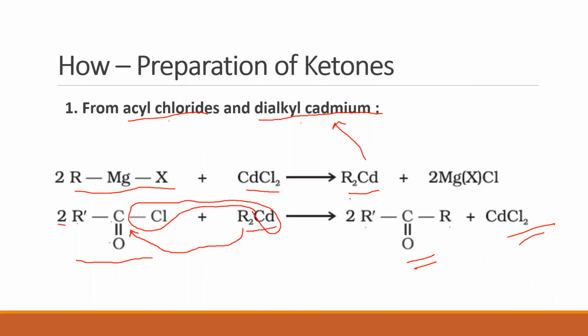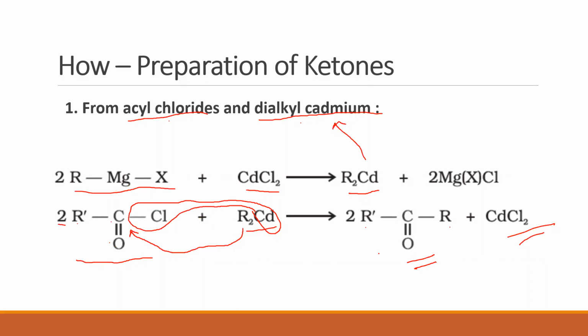This gives the dialkyl cadmium, which is in turn used up in the second step. When it reacts with 2 moles of the acid chloride, cadmium chloride is removed, which results in the formation of a ketone. So this is one of the methods of preparation of ketones.